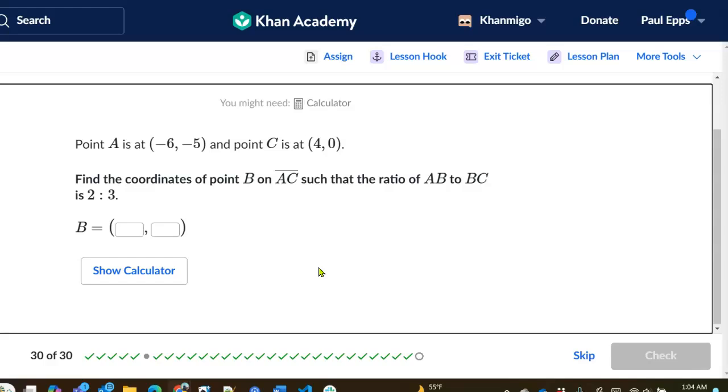Last question. Point A is at (-6, -5). Point C is at (4, 0). Find the coordinates of point B on AC such that the ratio of AB to BC is 2 to 3. All right. Think about that.